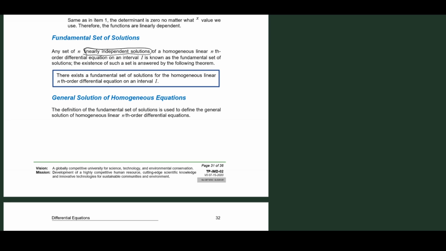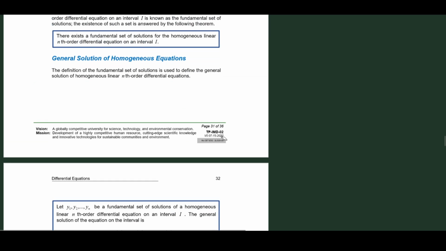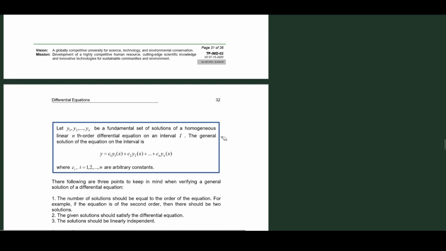If it is an nth order differential equation, then there are n linearly independent solutions. I've listed out some pointers that we will use later for the example. So let's just proceed for now to the definition of the general solution.